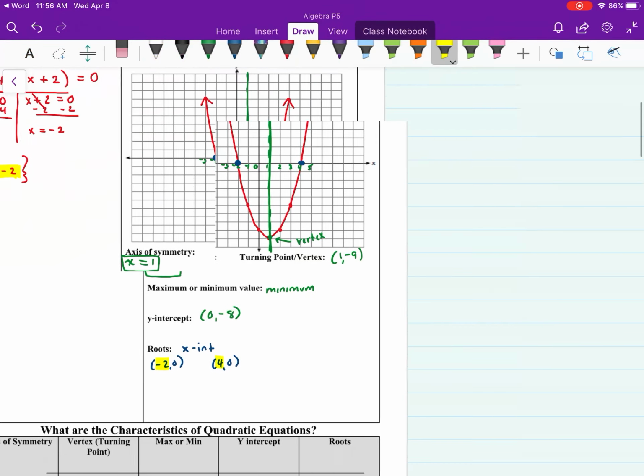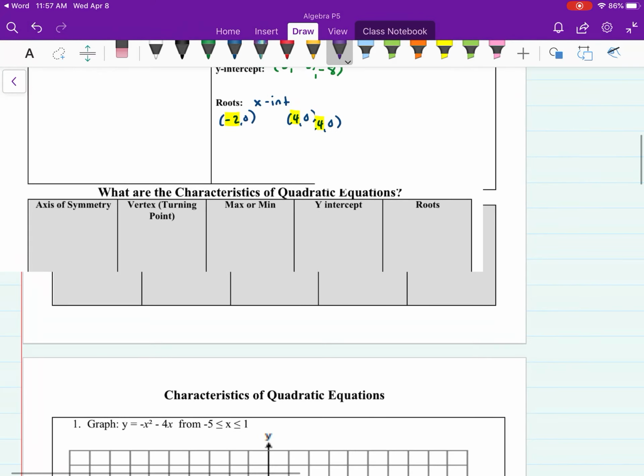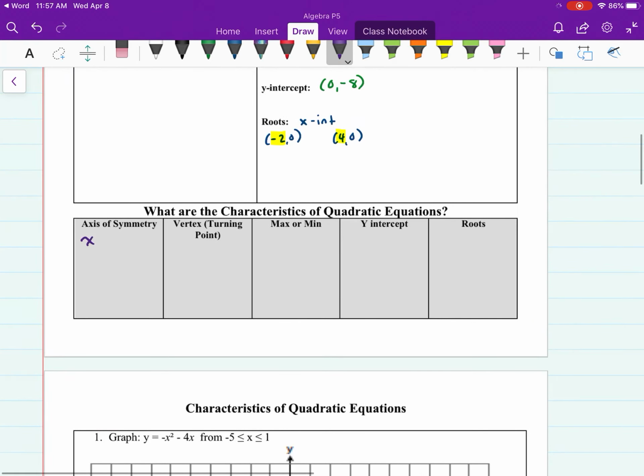Here are some notes that I would like to fill in for you guys. This is pretty much everything that I just talked about in the previous example. The axis of symmetry is always going to be in the format of x equals and then some number. And remember to draw a line down the middle. The turning point or vertex is going to be the point at the bottom or the point at the top.